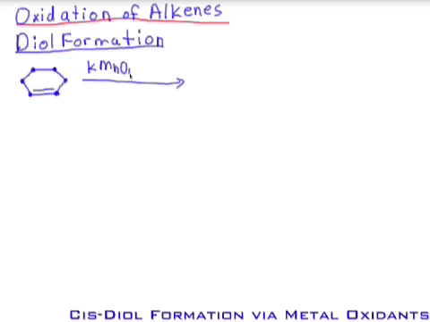It's potassium permanganate, it's called. And base, cold, dilute, trying to keep the reaction from going out of control. Cold dilute. There may be H2O around as well. H2O is probably a solvent.